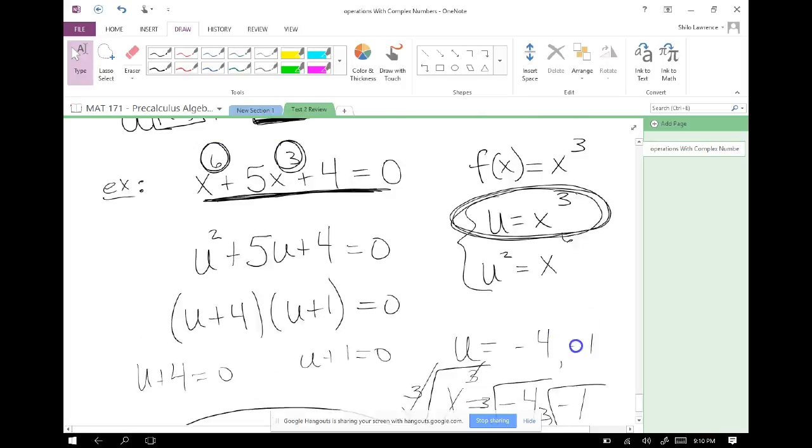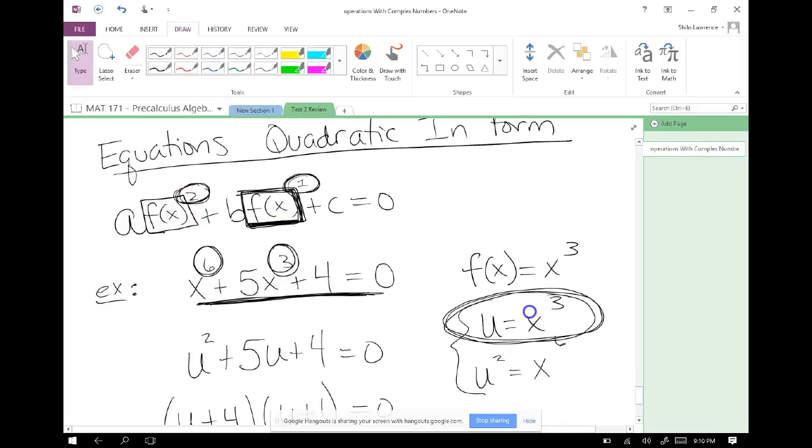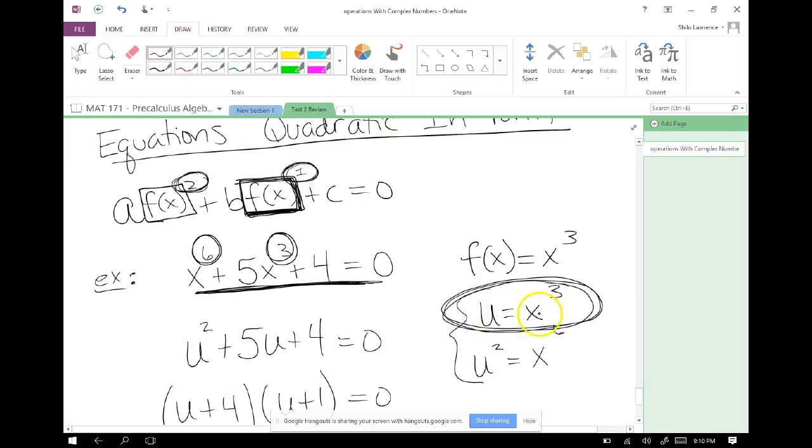So for these equations quadratic in form, they follow this format where there's 3 terms and the first variable piece is always double the second variable piece. And we're going to let u be equal to the one that's not doubled.